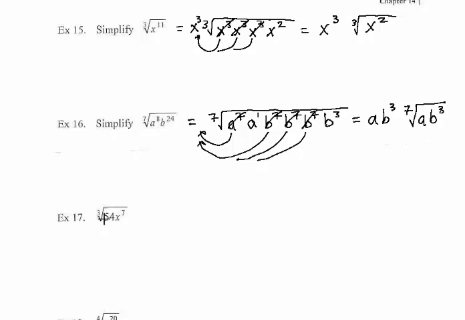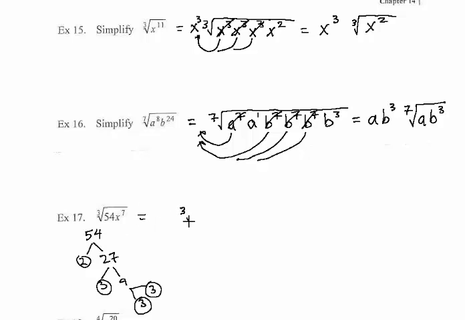Example 17, we need to take 54 first and break it up into primes. We have a 2, and we have a 27, and a 27 is a 3 and a 9, and then a 9 is a 3 and another 3. So here are the prime factors.